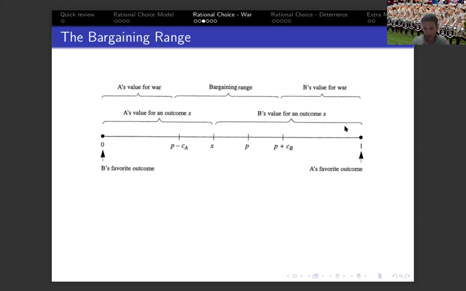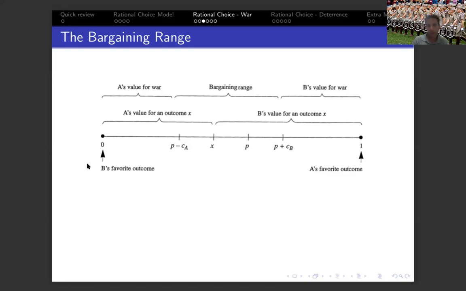The 0 and 1 are not specific numbers. They just represent two states of preferences. And A will prefer an outcome which is closer to this. This is the most favored outcome for A. And here at the point of 0, that's going to be nation B's favorite outcome.